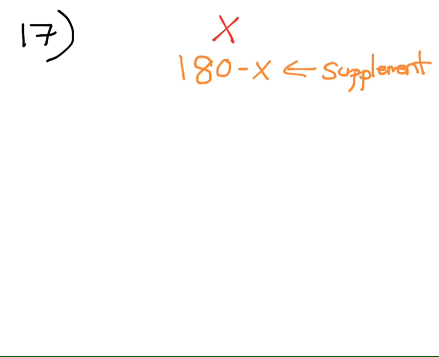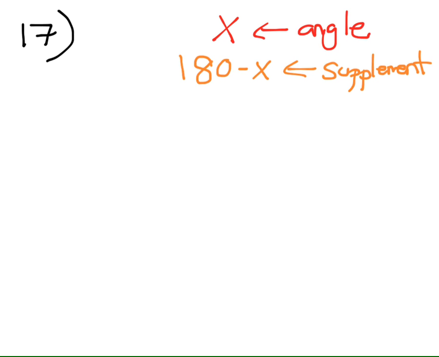It says the measure of an angle's supplement. So again, let's call the angle x. What am I going to call its supplement? 180 minus x, right? Supplement means they add to 180. So I'm going to call this its supplement. I called this the original angle.